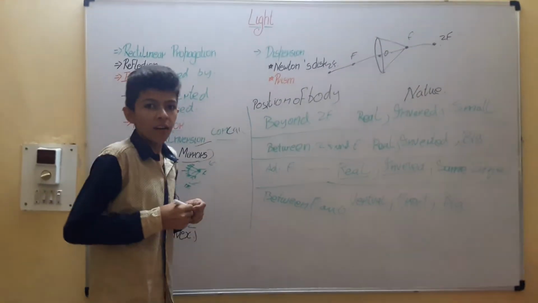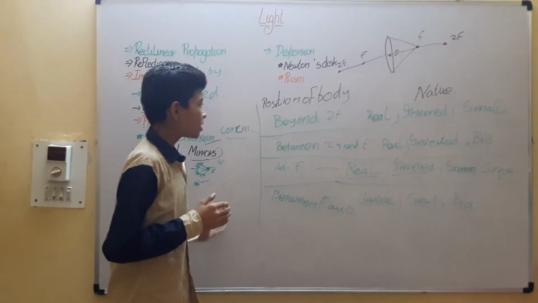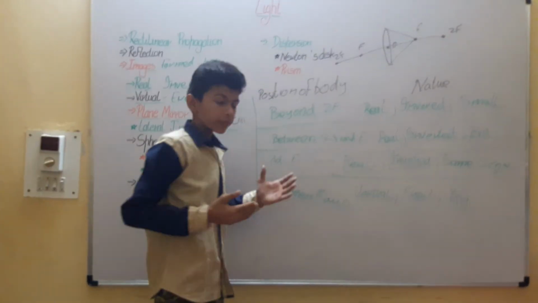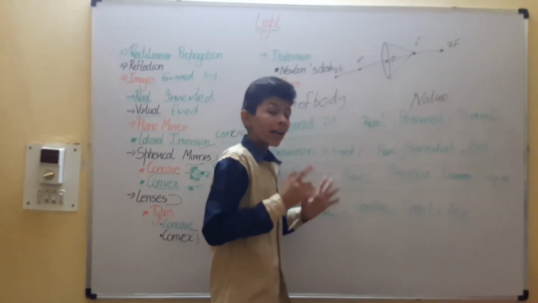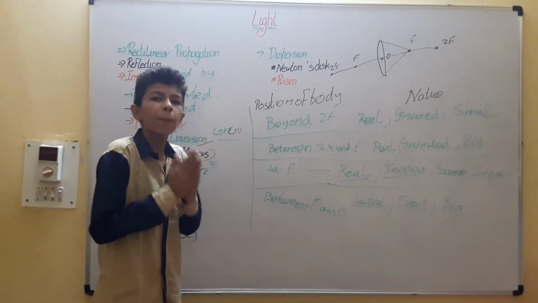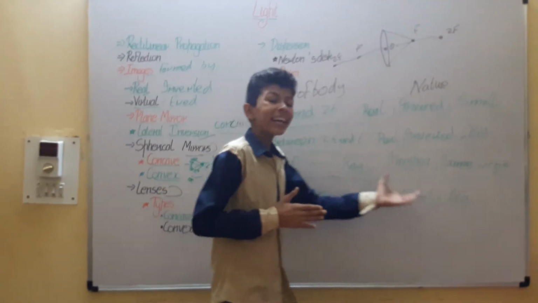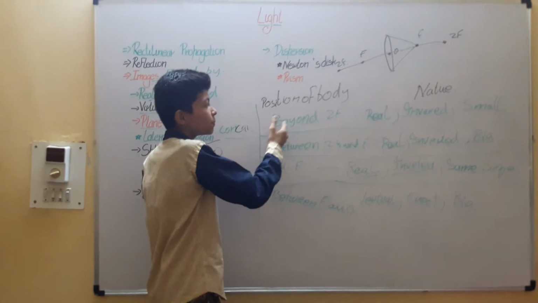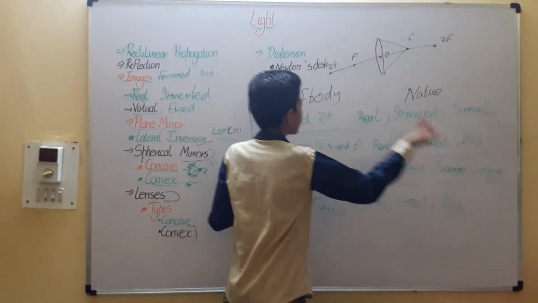In the concave lens, what will happen? All the images which are formed at any position are always virtual, erect, and small in size. As you can see, when it is beyond 2F, it is virtual, erect, and small.